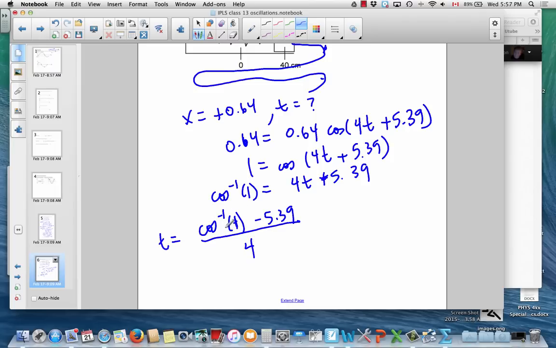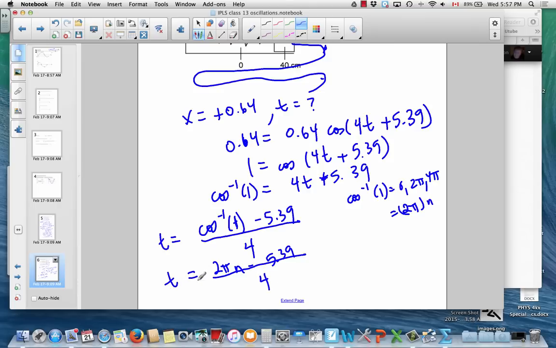Which angles have a cosine of 1? That's going to be 0, 2 pi, 4 pi, etc., i.e. it's 2 pi times some integer, like n. So I put in 2 pi n minus 5.39, and I divide by 4. So that is all times at which the mass will be out here at the end.